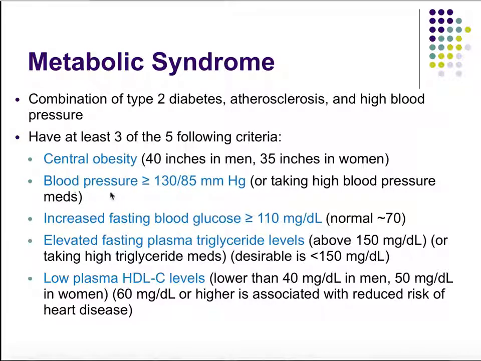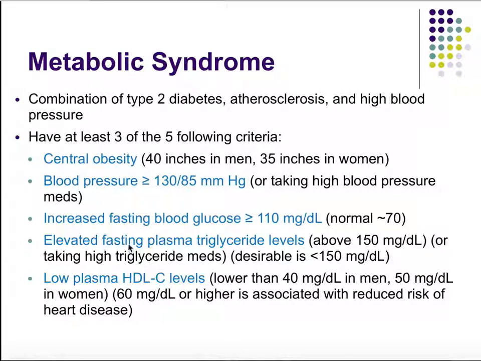There's also elevated blood pressure, so greater than or equal to 130/85, or if you're taking hypertensive medication. So even if your blood pressure is normal, if it's normal because you're taking meds, then you still have that criteria. And then increased fasting blood glucose, greater than or equal to 110 milligrams per deciliter. Normal is about 70.